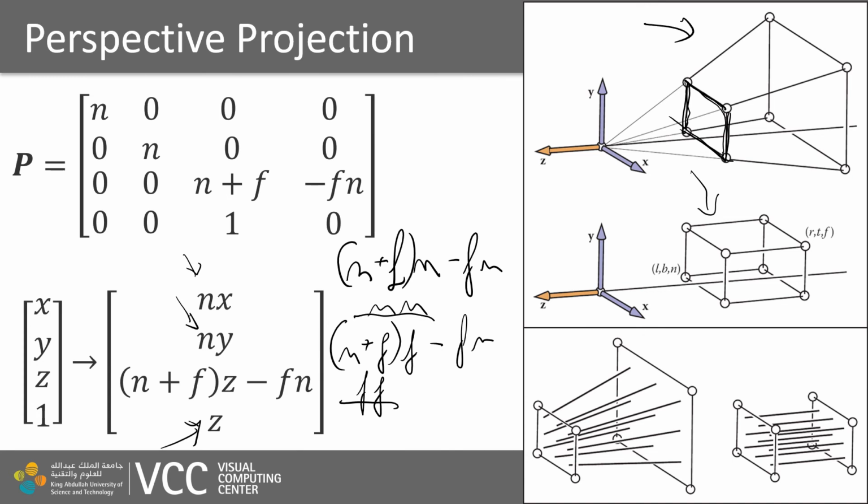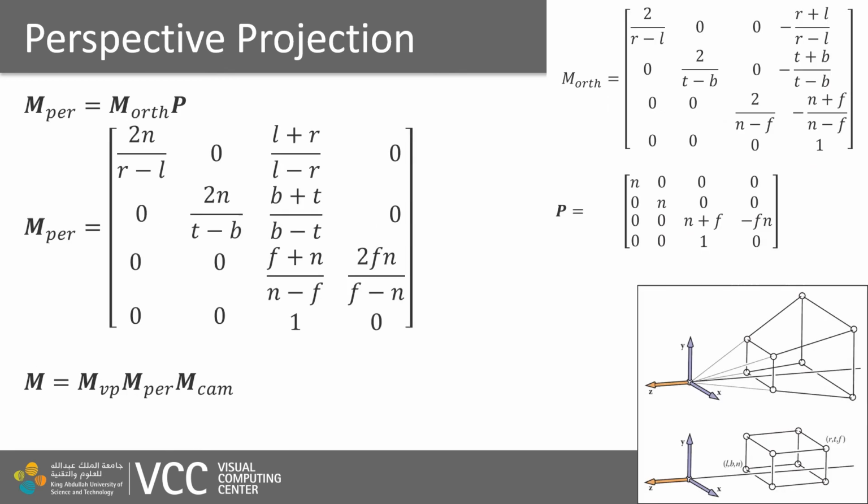So after this perspective projection, which we have used here, we will end up with some multiplication of our coordinates, and our homogeneous coordinate will not be equal to 1, but will be equal to z, because that will be the scaling factor later.